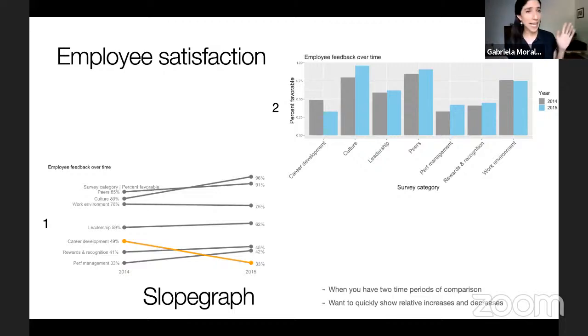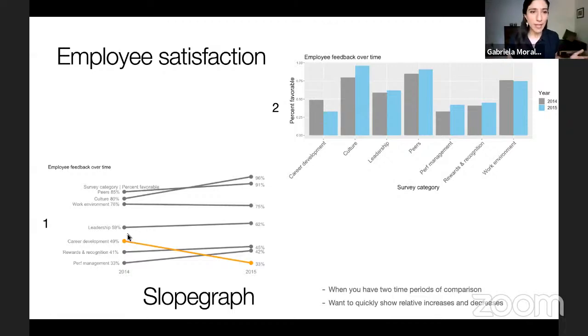But there are cases where this one will be better. For example, if you have different departments or a few different branches in the company, and you have more data than just a single average point, you have variability in your data and you want to show it, you will add some error bars, or maybe instead of making it a column, you can make it a box plot, so you get a variability visualization.